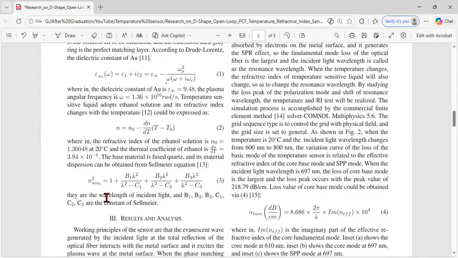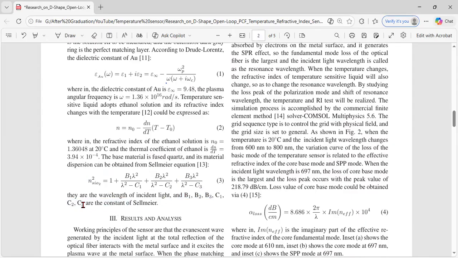They are the wavelength of incident light, and the constants of Sellmeier. What is this? The base material equation depends on the material. So yeah, we wrote this equation, but they didn't mention any Sellmeier coefficients.